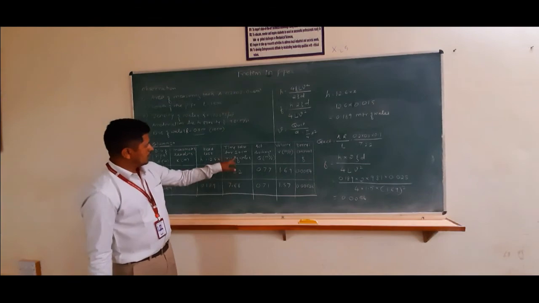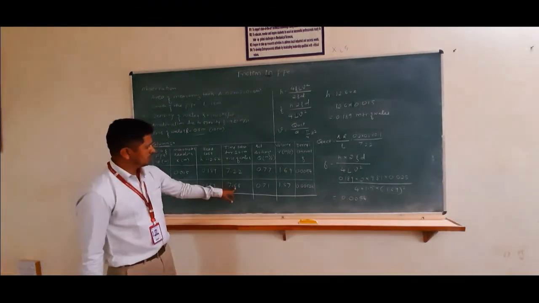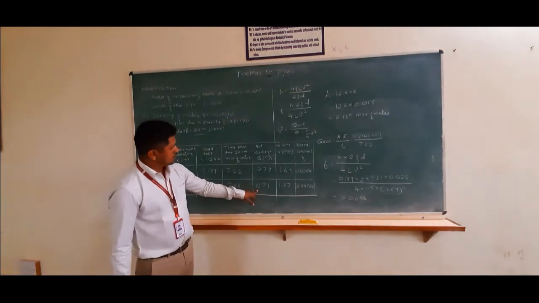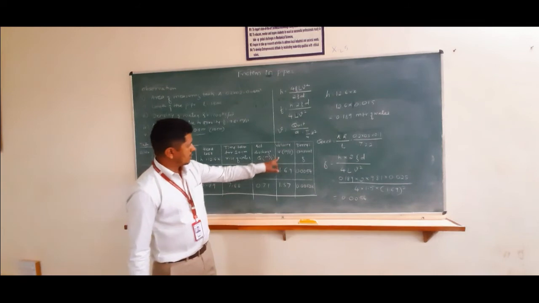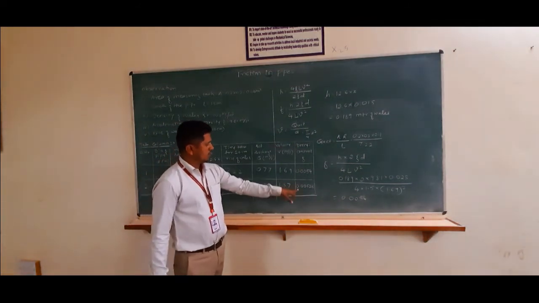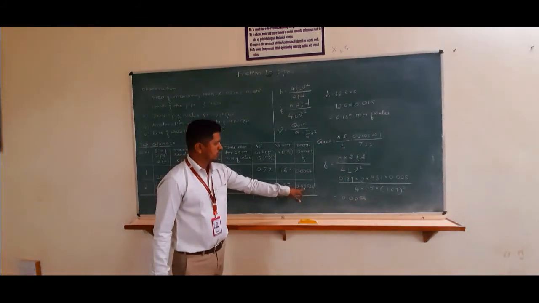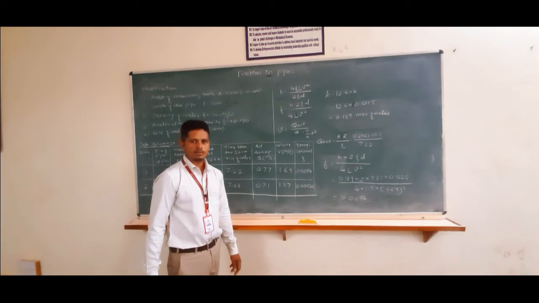The rise of water here is 7.68 because we have regulated the discharge. So the actual discharge is 0.71 meter cube per second, and the velocity is 1.57, and the Darcy constant is 0.00626. This is what you are going to get as the answer.